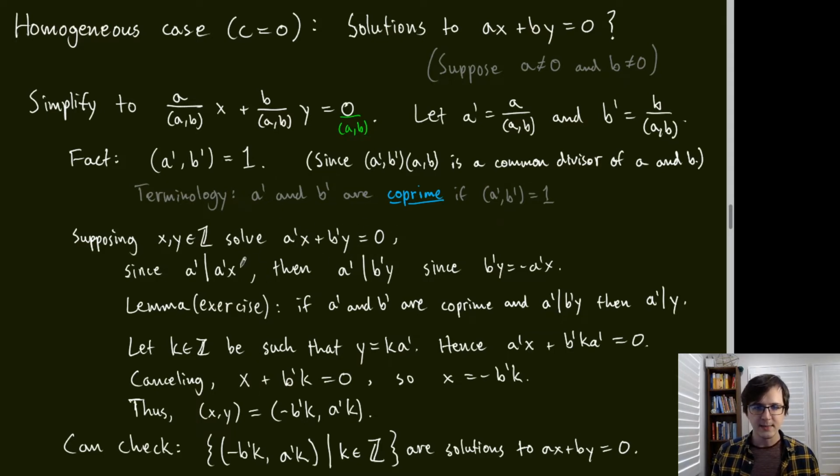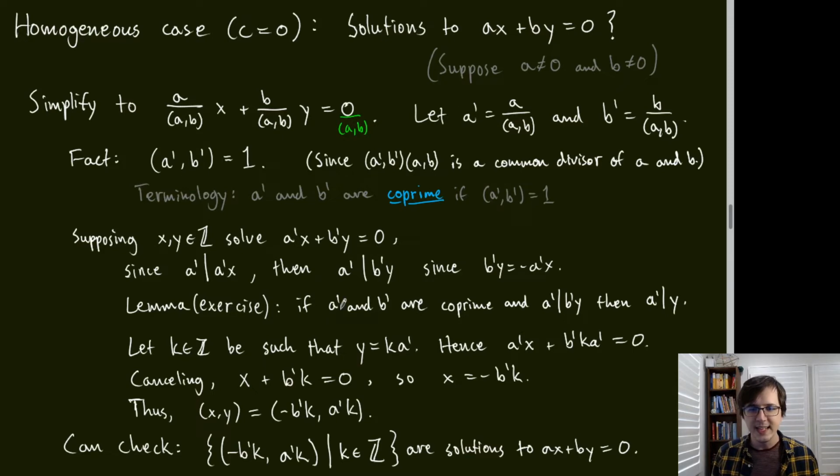Then, certainly a prime divides a prime x, and because b prime y is negative a prime x from this equation, a prime must also divide b prime y. So now this is where coprimality comes in. I'm leaving this lemma as an exercise, but it's also in the first section of the textbook.